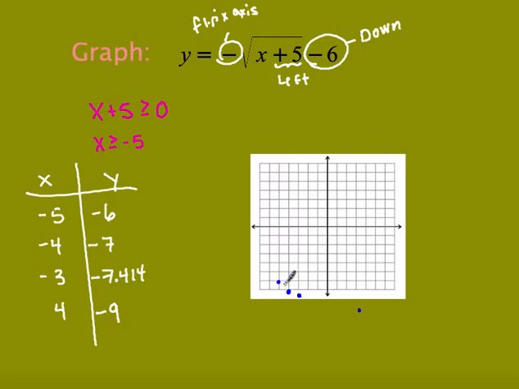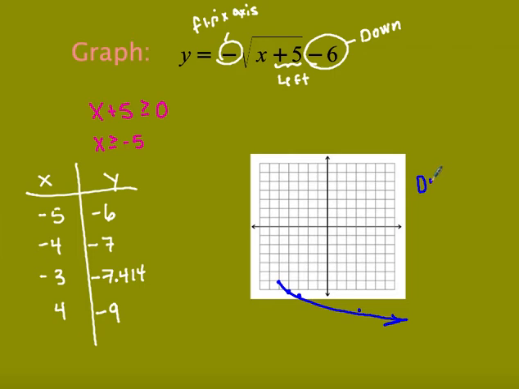So you can see that this time my square root graph is being flipped because of that negative. So it flipped over the axes, it moved to the left 5, and it moved down 6.